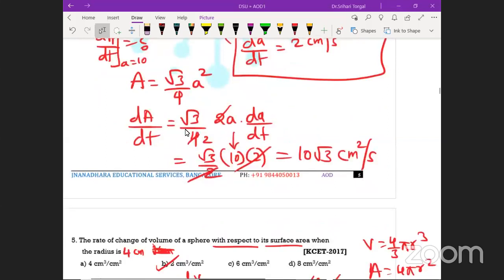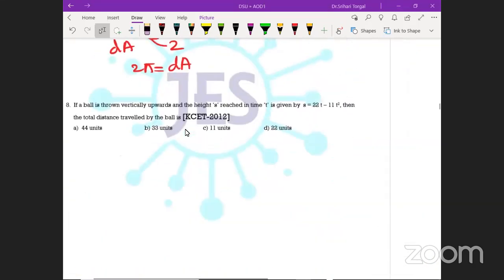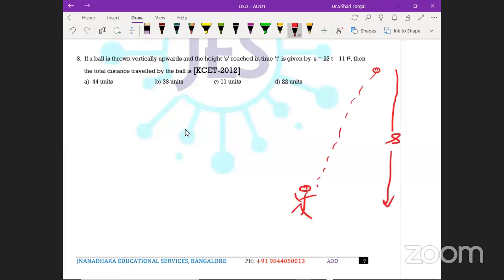Okay, right. Question number 8. A ball is thrown vertically upwards. And height, yes, reached in the time t, given by s is equal to 22t minus 11t square.